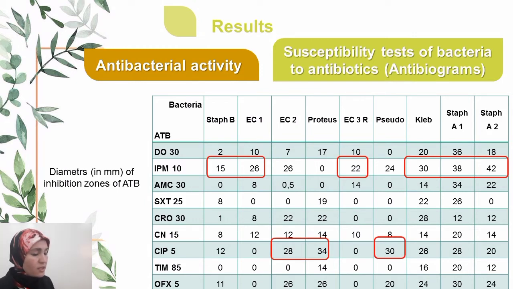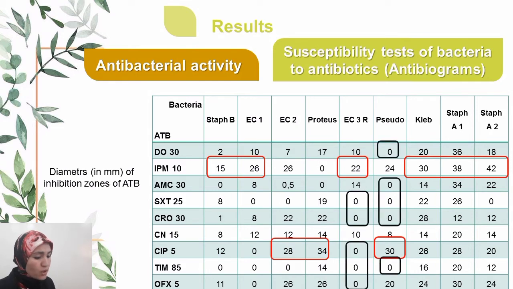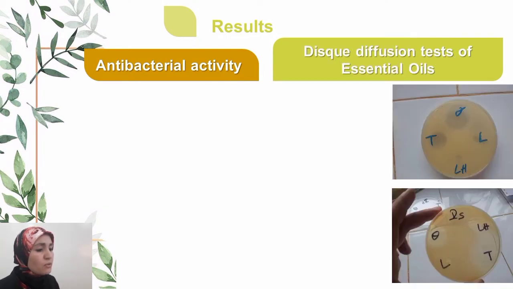We can see that IPM10 is the most effective antibiotic for 6 bacterial strains over 9, and CIP5 was the most effective one on the 3 other strains. On the other hand, we can see that Escherichia coli and Pseudomonas were the most resistant strains.